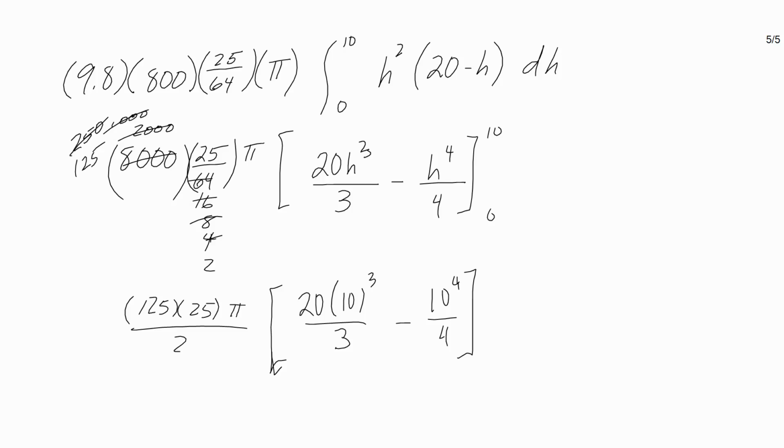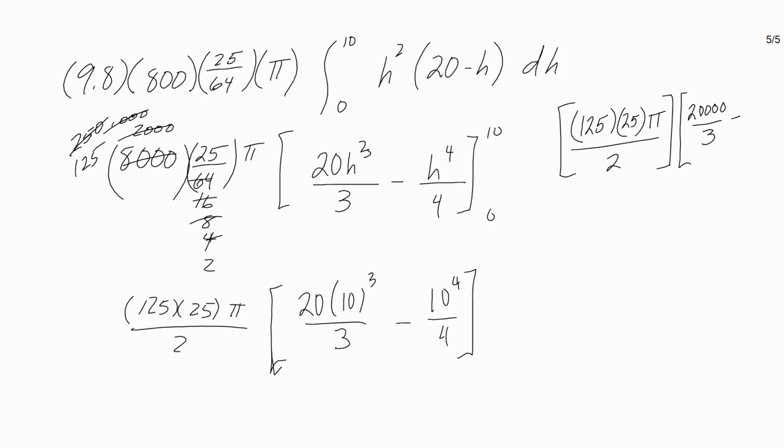That's going to be 20,000 over 3. So 125 times 25 times pi over 2 multiplied by 20,000 over 3 minus 10 to the fourth over 4. 100 times 100 is 10,000.